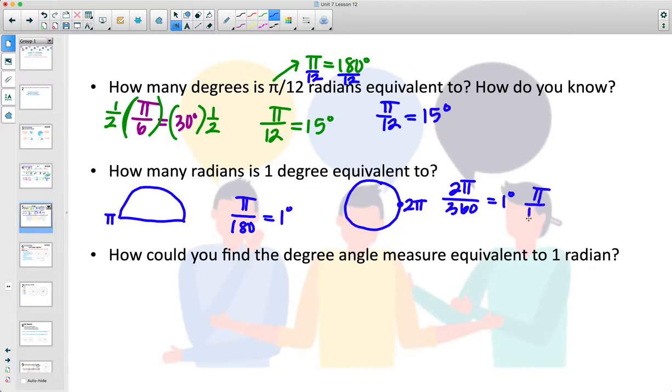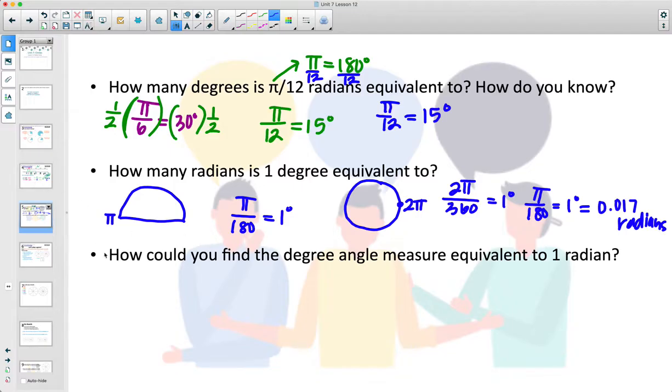And it would simplify down to that pi over 180. And then the decimal version of this, so if you actually typed in pi and divided it by 180 in your calculator, you'd get every degree is equal to 0.017 radians. So that's the decimal version of it.